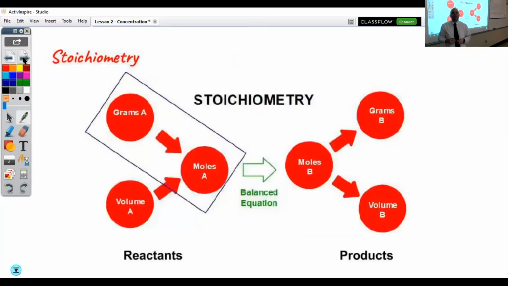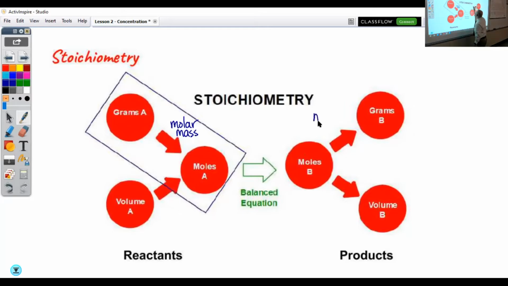If we look at this part of the map once more, you're going to see that what we're doing is introducing another branch here to our map, the relationship between volume and moles. Just like we saw the relationship between grams and moles, here we used our molar mass from the periodic table.